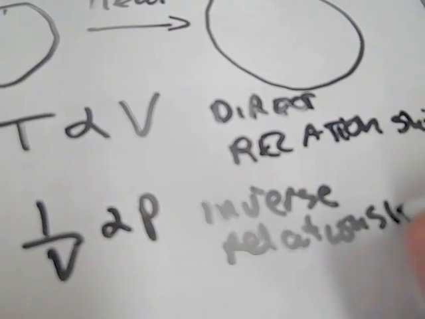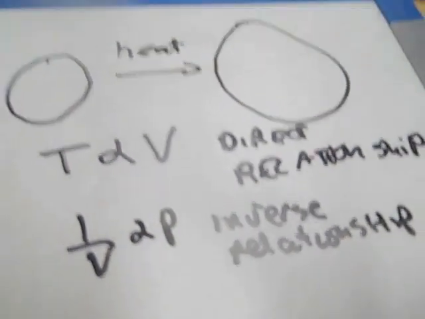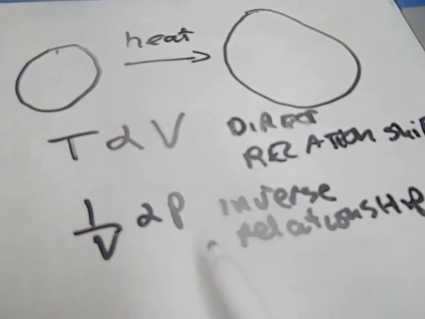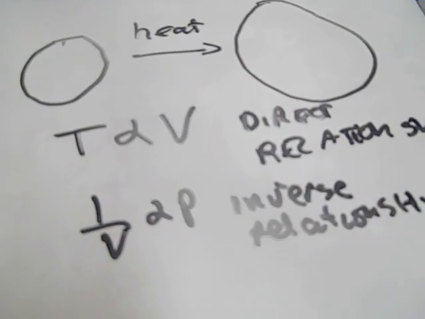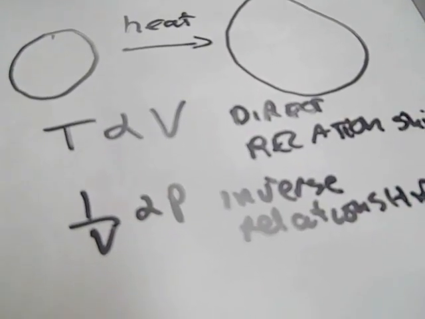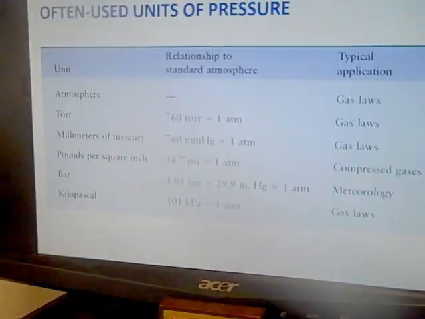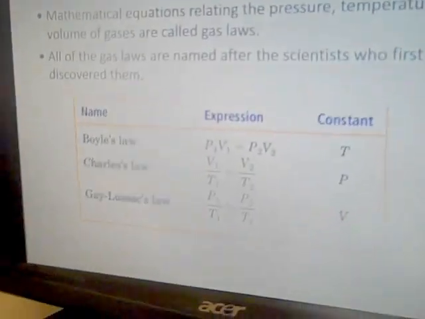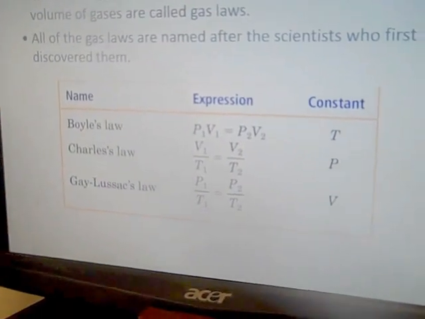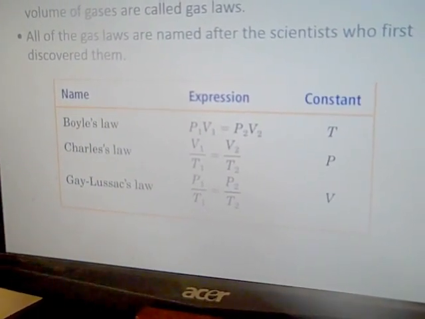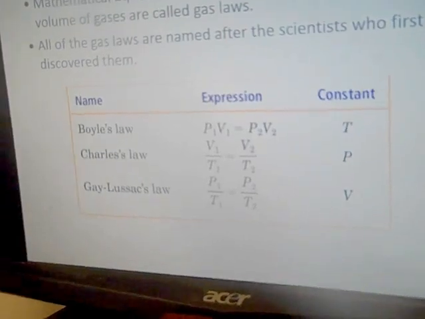From experimental results, you see this is an inverse relationship, and this is a direct relationship. That's something that we observe, and it's described by Charles' law.